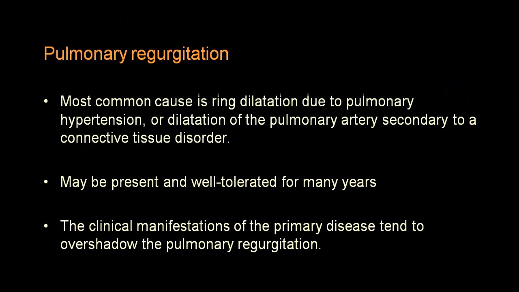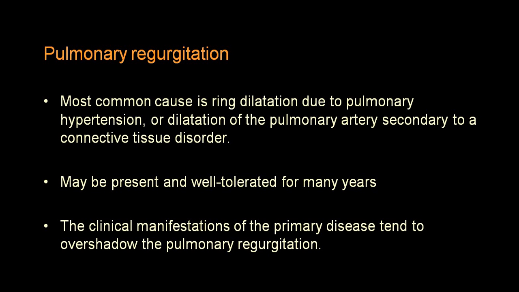Pulmonary regurgitation is an absolutely rare variety of pulmonary valvular disease. The most common cause is ring dilatation, secondary to pulmonary hypertension, or because of dilatation of the pulmonary artery secondary to connective tissue disorders, or because of a dilated cardiomyopathy involving the right ventricular chamber.